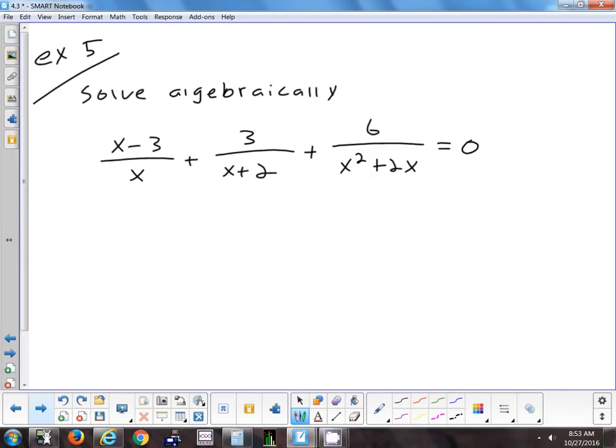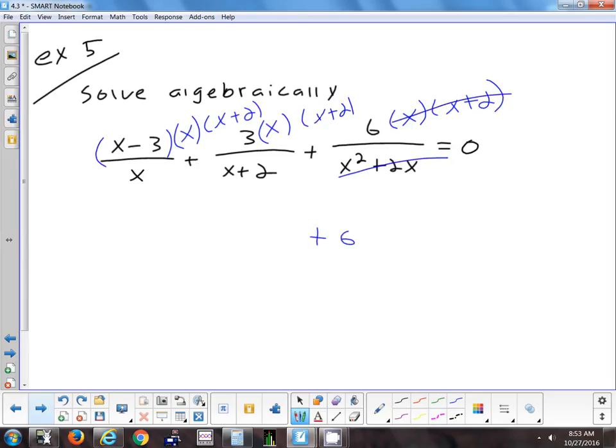Amanda? For the first one, you multiply the top by x. So x, and I have to do it here and here. And I need an x plus 2 to cancel out the second one, and I have to do it here, here, and here. What about the third one? It's already going to cancel out because that denominator was a product of the other two. So plus 6.